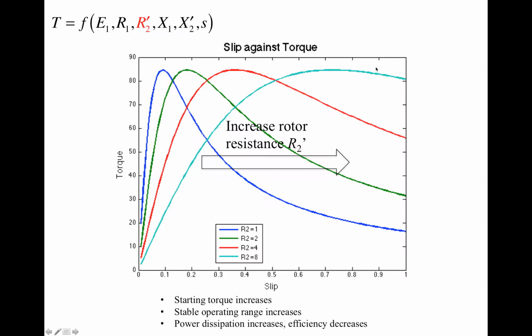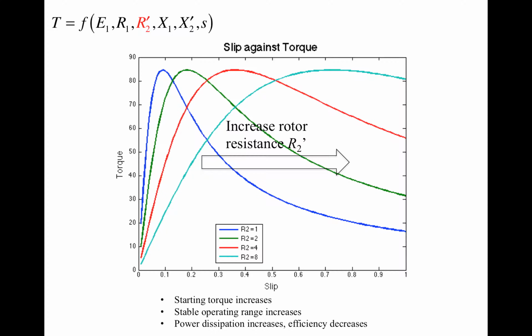One application of this particular analysis is that if the rotor has windings on it, a wound rotor, then you can connect a variable external resistor to it, right? At the starting stage, we can use a high resistance, which is going to give you a large starting torque, right? If you are using the machine as a motor, you might want a very large starting torque so it can start to rotate, right?